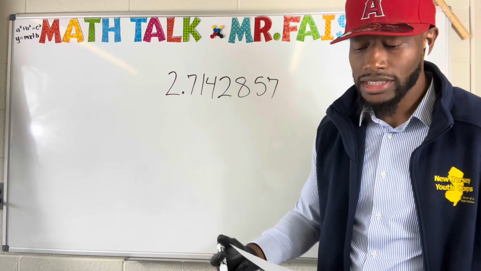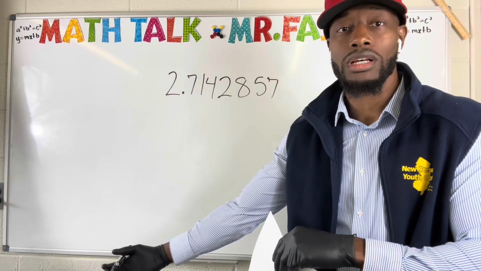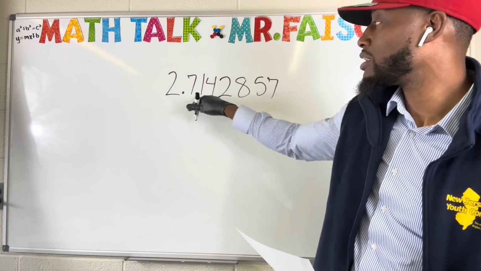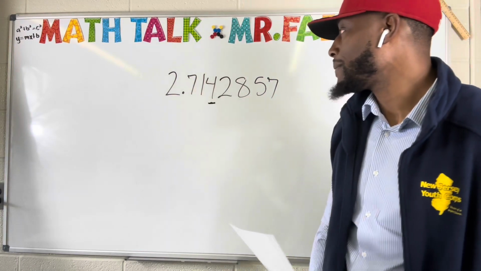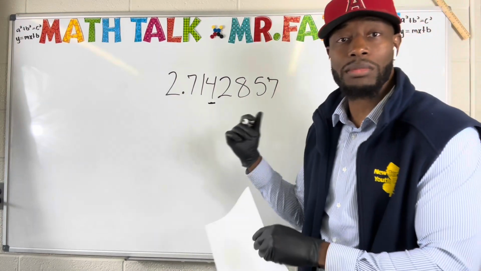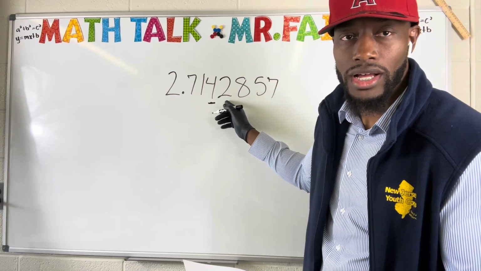So they ask us to round to the nearest thousandths, with a TH. So I start counting: tenths, hundredths, thousandths. Now I look at the number behind that. So I'm going to look at this 2. That 2 isn't more than 5.